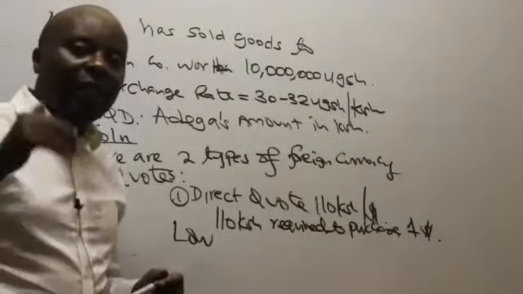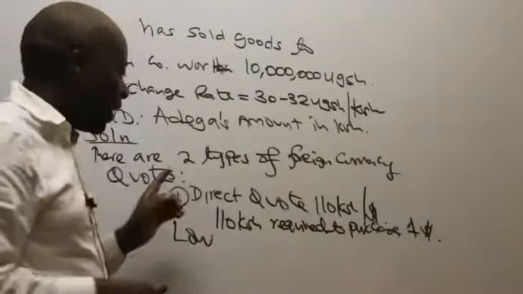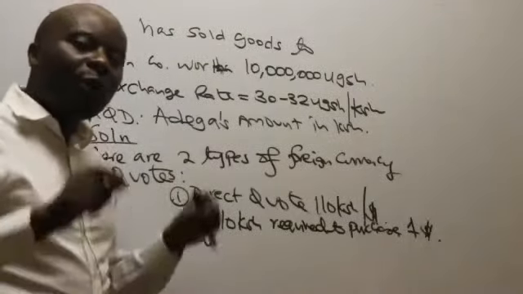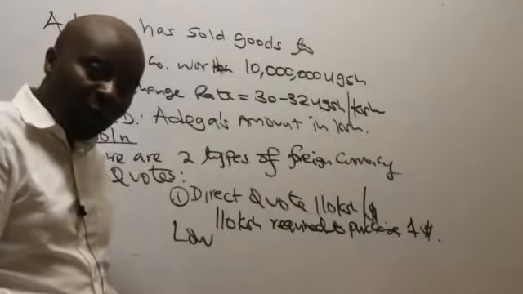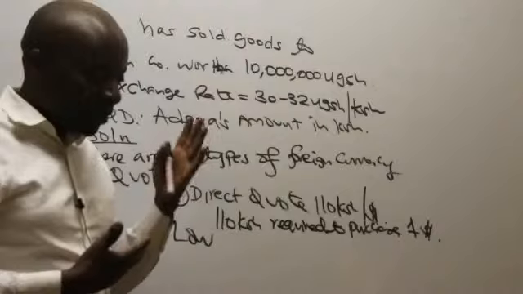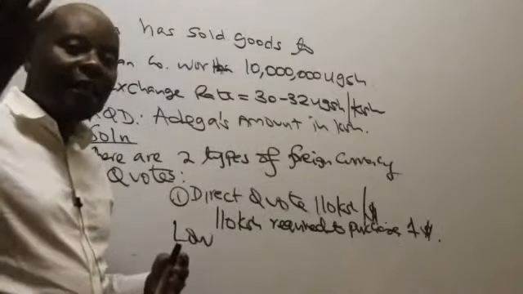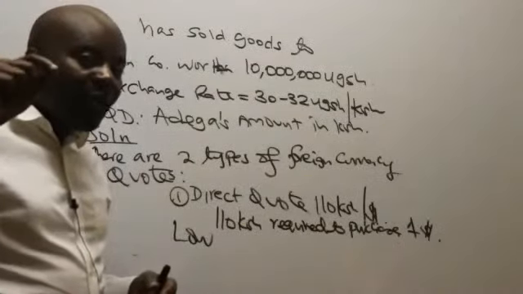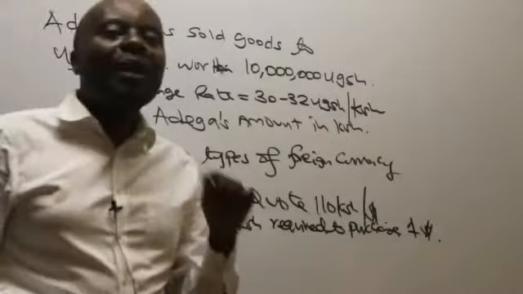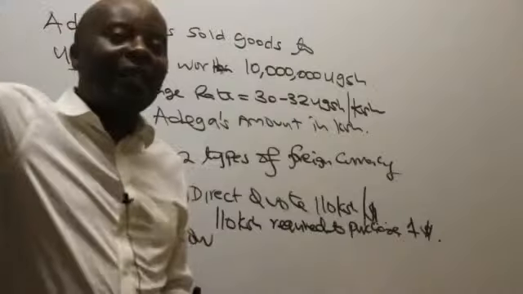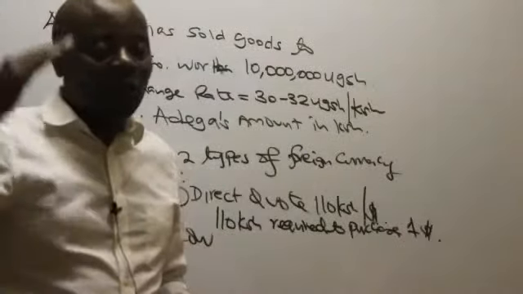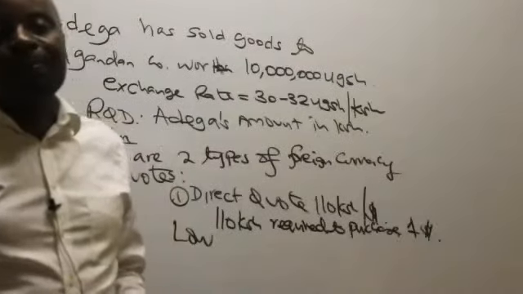What have I said? For direct quotes or quotations, banks will always buy low, a lower figure, and then they sell this particular commodity at a higher rate to be able to make a profit. So again, for direct quotations, banks buy low and they sell high to make a profit.